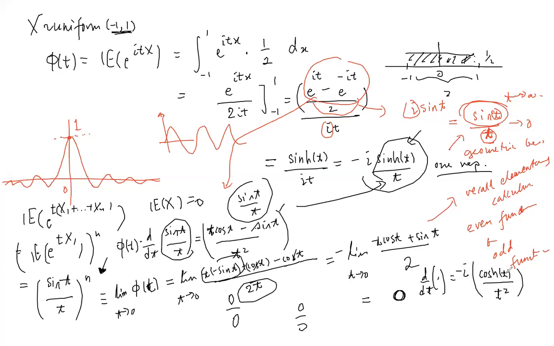So again, here if you have, so what is this? Actually, is there an i? Sorry, it's t.